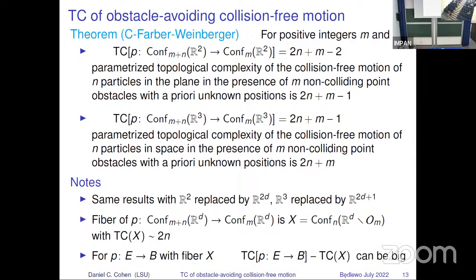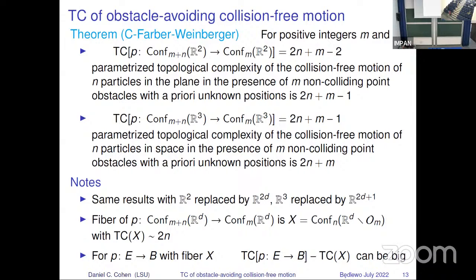And let me tell you some results first. In the case where we're looking at Roombas or robot cleaners on the floor, the topological complexity of this Bedlewo fibration involving n robots and m obstacles is this number, twice the number of robots plus the number of obstacles, minus 2.